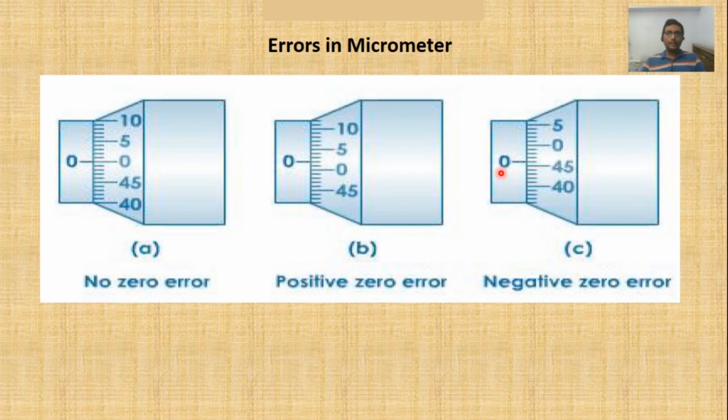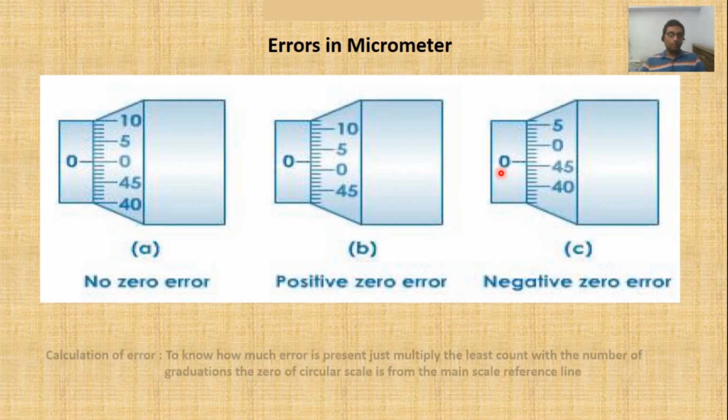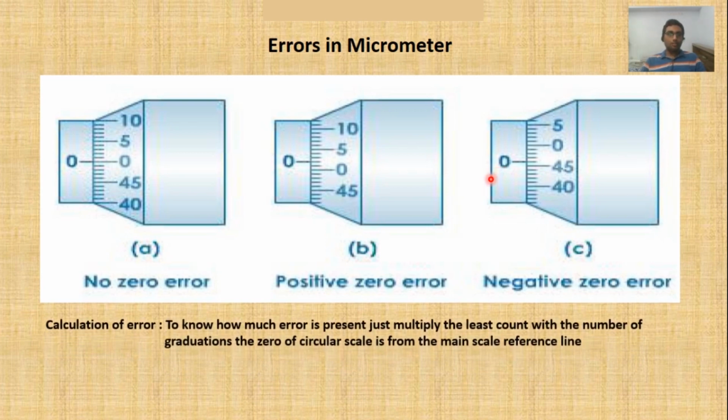So how to calculate the error and rectify it? First, let us see how to calculate the error. To know how much error is present, we have to multiply the least count, which for the micrometer is 0.01, with the number of graduations the zero of the circular scale is from the main scale. So for example, here there is no error present, but in case B, that is the positive zero error, let's calculate the error.